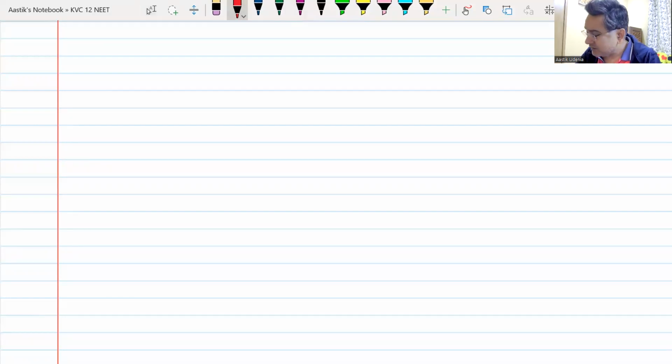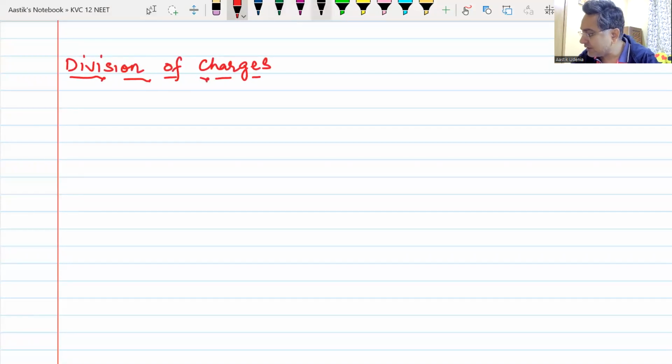Now, since we have seen the division of current, let us go back a bit and also see the division of charges on a capacitor. We would have done this before, but since we are doing it systematically here, let me put that in as well.